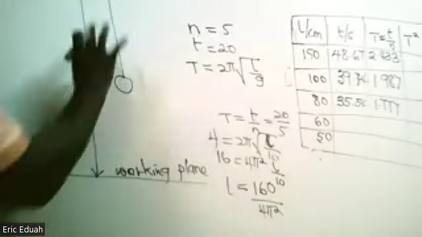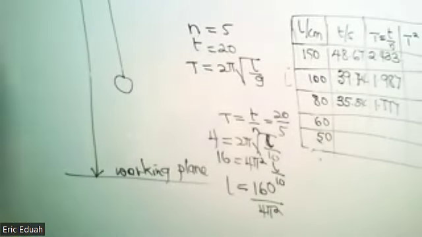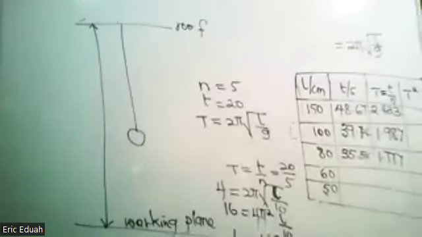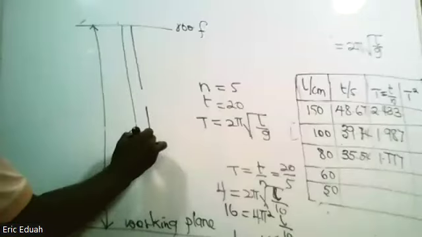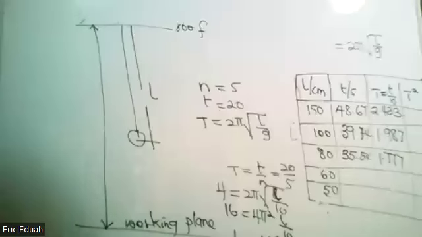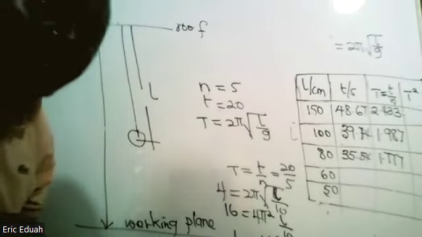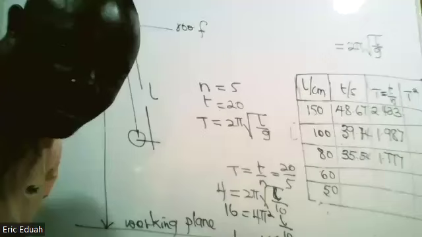Whatever you get is the length of the string from the roof to the ball, L. And you have determined this without climbing.